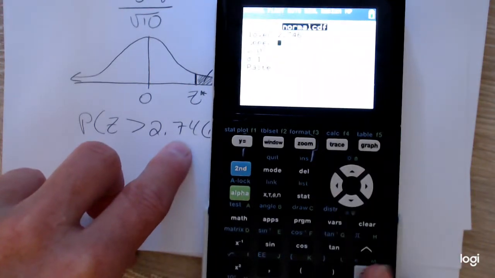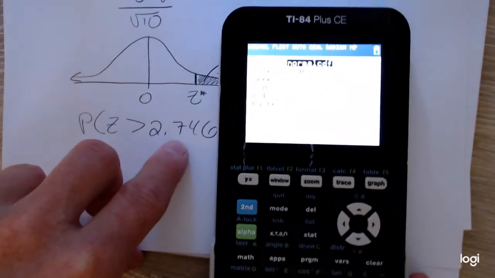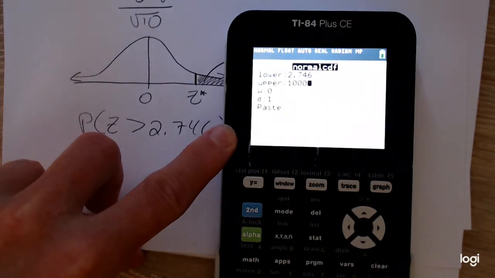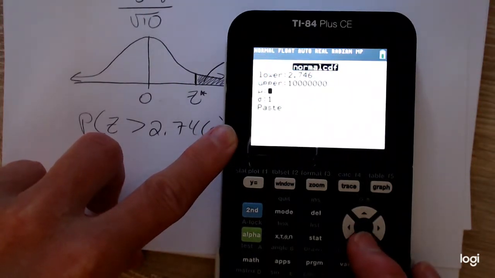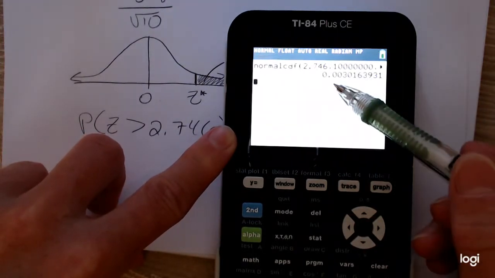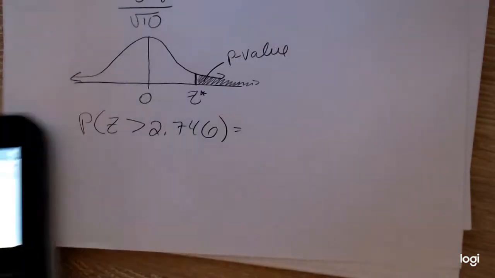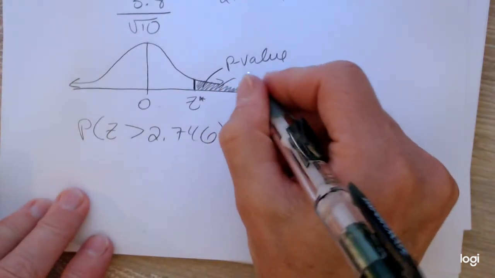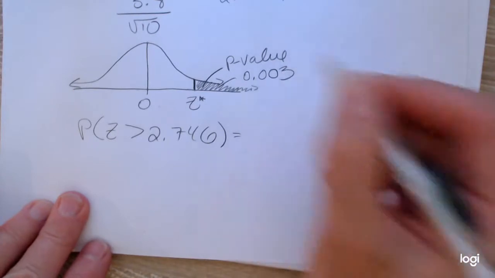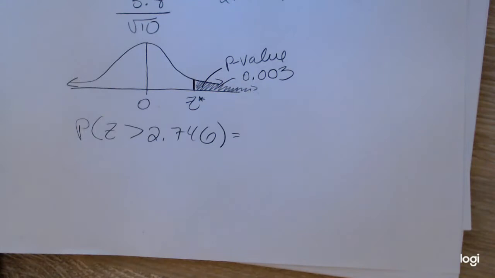My upper bound is positive infinity, so putting in a 1 with a bunch of zeros. Keeping it as standard normal, I'll get an area of about 0.003. So this indicates to me that it was highly unlikely to observe the standardized test statistic by chance alone.